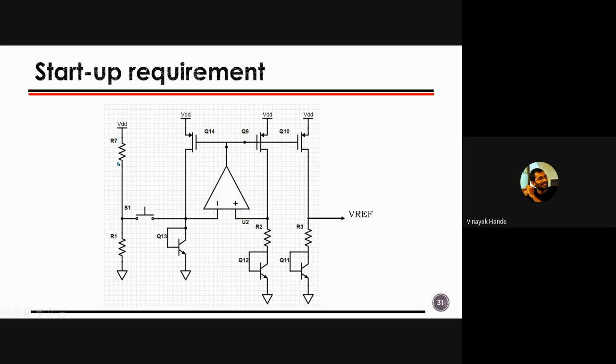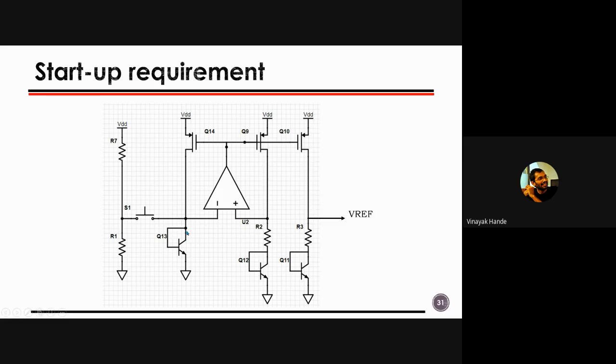Once you ramp from 0 to VDD, there is a chance that the operational amplifier will be happy to keep the inverting as well as non-inverting terminals stuck at 0, right? The op-amp doesn't know it has to work. Because both terminals are at exactly the same voltage, it will be sleeping happily, and the circuit will not function at all.